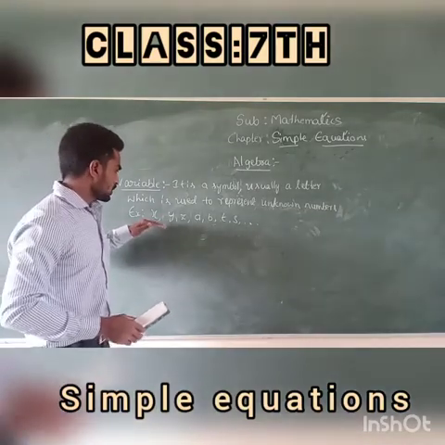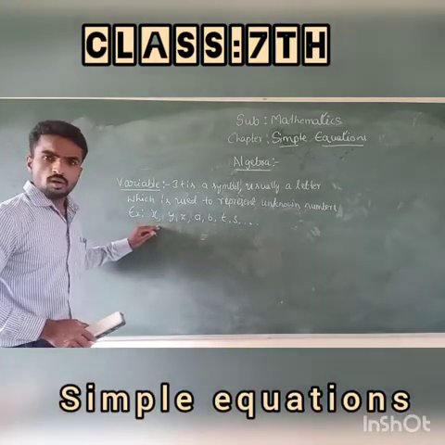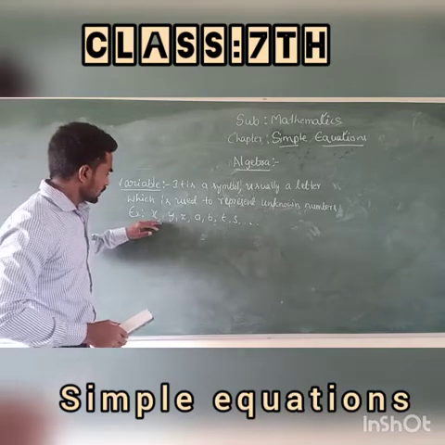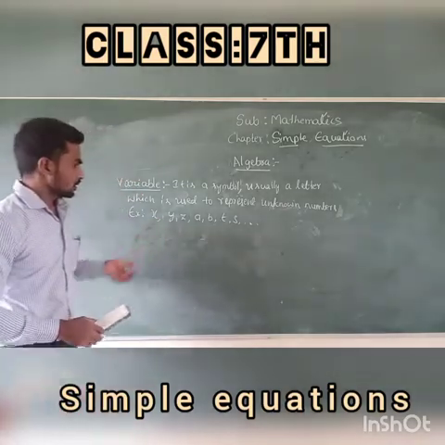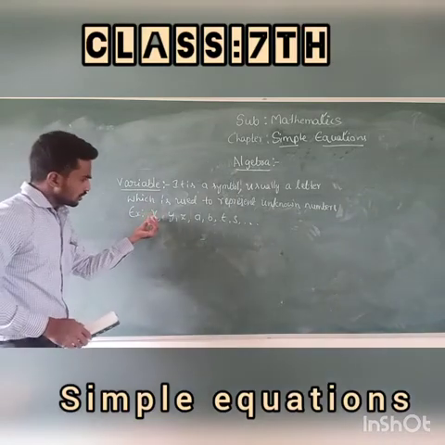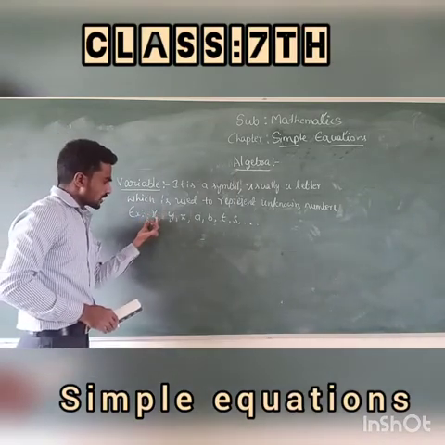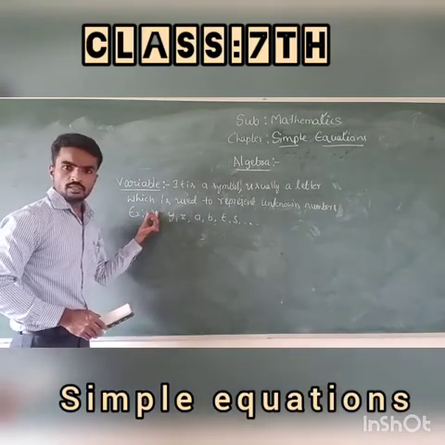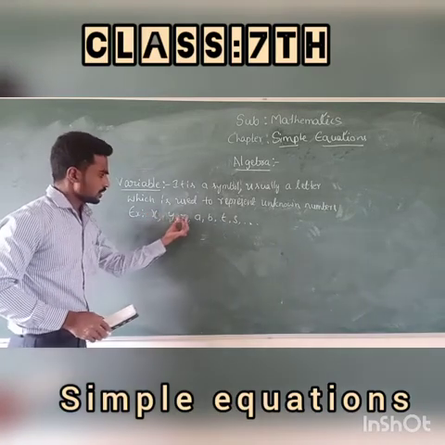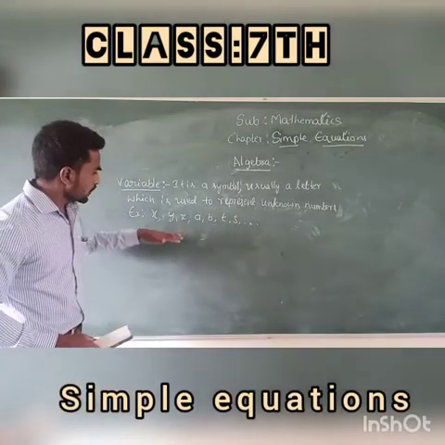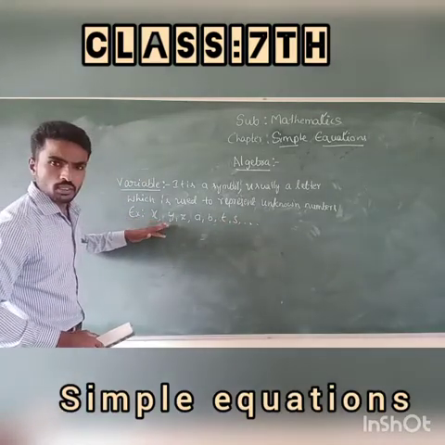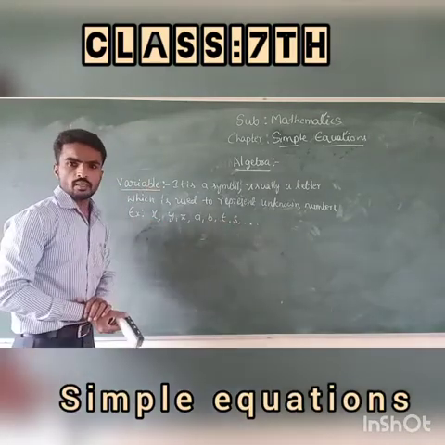Variables are represented by the small letters of the English alphabet. We don't know the exact value of x, y, z, a, b, t, s. The terms whose exact value we don't know are called variables.